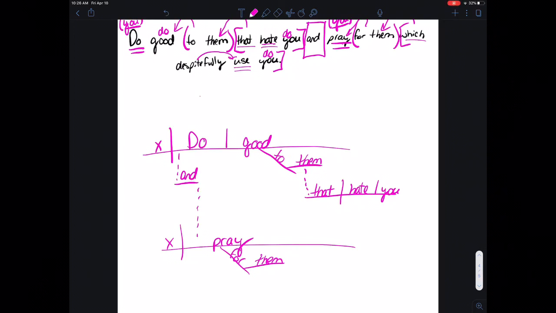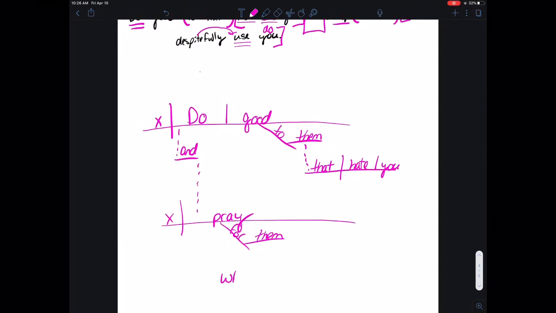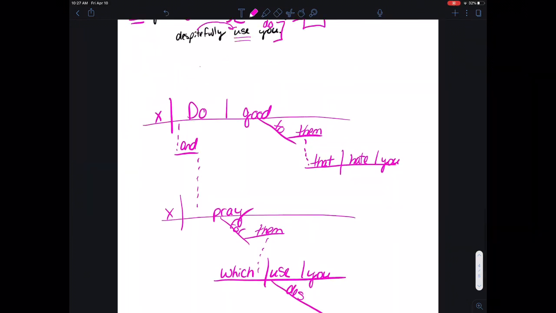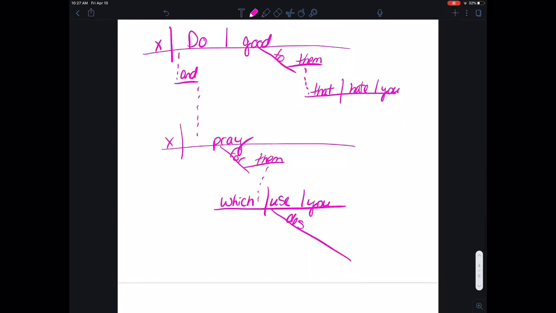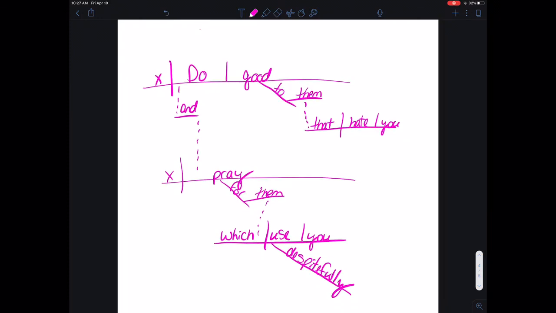Our conjunction was and, which despitefully use you, which was our subject. Use was our verb. You was our complement. Dotted line from what it modifies to which, and we can't forget our adverb modifying use. Despitefully, right? Right, so this is how you do a compound complex sentence.